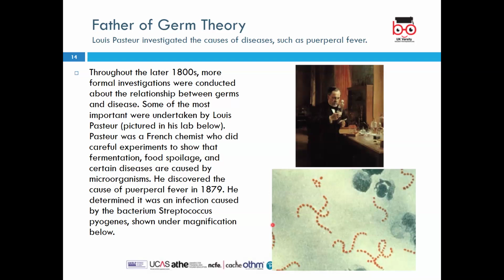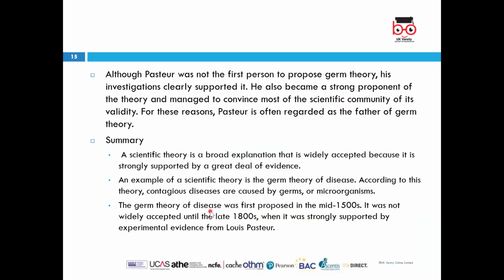Some of the most important were undertaken by Louis Pasteur, a French chemist who did careful experiments to show that fermentation, food spoilage, and certain diseases are caused by microorganisms. He discovered the cause of puerperal fever in 1879. He determined it was an infection caused by the bacterium Streptococcus pyogenes, shown under the microscope. You can see it is like a chain, which is how it gets its name, Streptococcus.